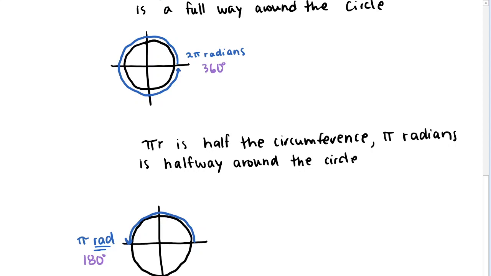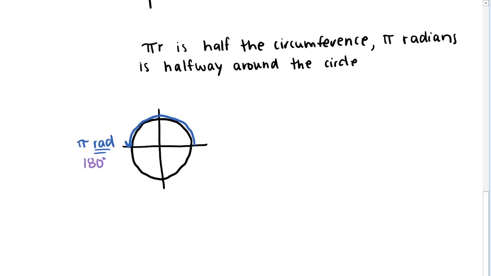And so when we want to think about our common angles in terms of radians, we'll want to do the same thing. We'll want to compare them to pi radians.